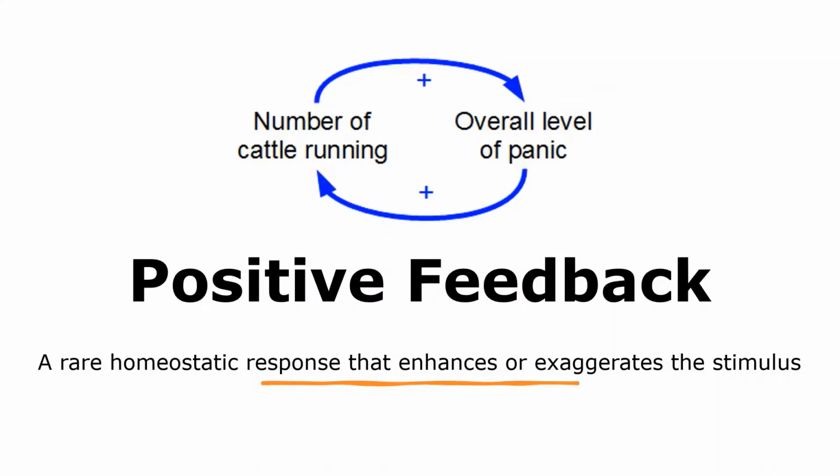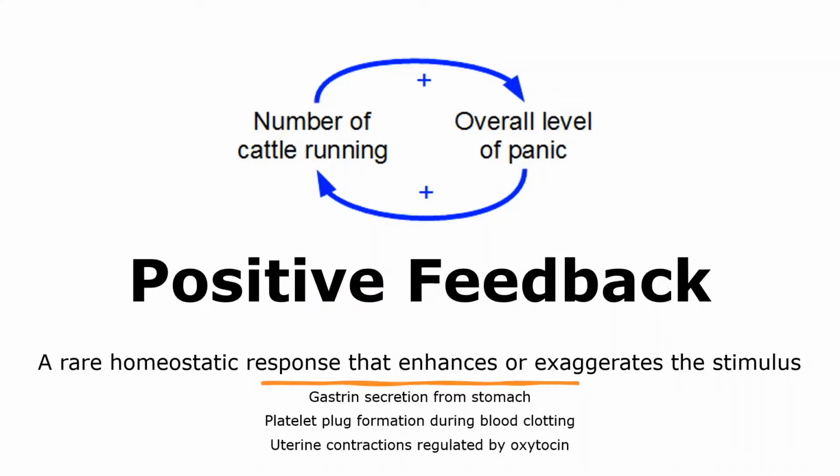Now, these are harder to think of because they're rarer, but these are three very, very common ones that you see on standardized tests. Gastrin secretion from the stomach, platelet plug formation during blood clotting, and the one that's on almost every single example of positive feedback is labor contractions. So think about it.